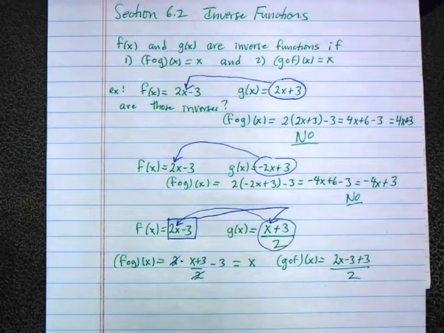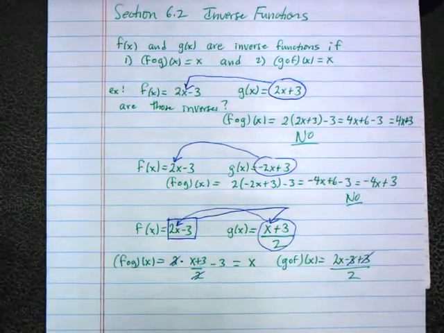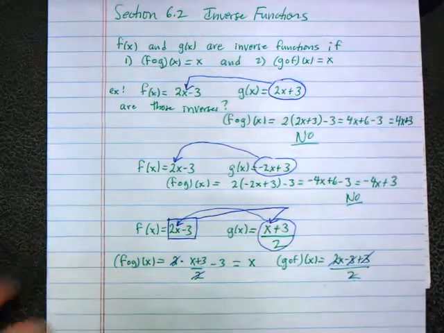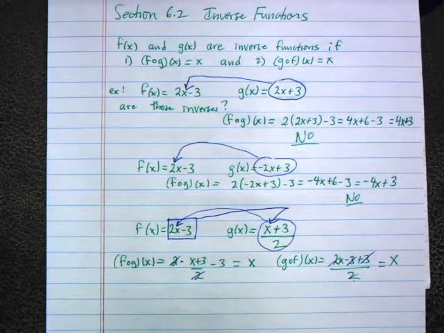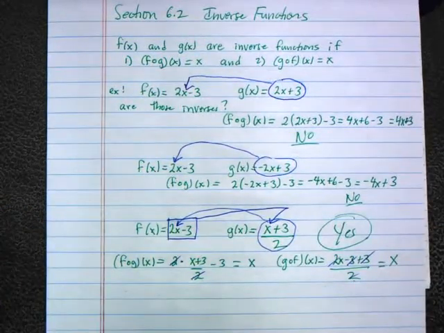When you simplify that, what do you get? You just get x, because negative 3 plus 3, those add up to 0. And then you have 2x divided by 2. 2 divided by 2 is 1. So that's x. So are those inverses? Yes, there's the right answer.